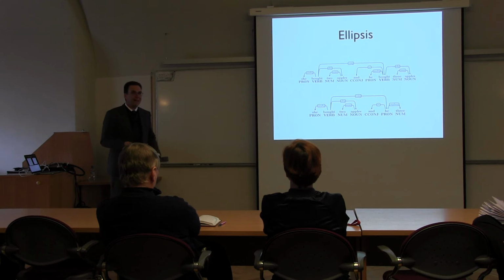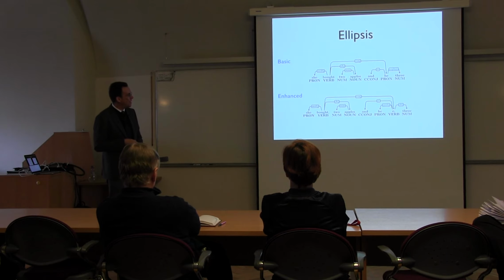Now, in the enhanced dependencies, the idea is that we're going to resolve this and actually get a correct interpretation of the predicate-argument structure. So in the enhanced dependencies, we insert an empty node here. I represent it just as empty here, but in most cases we just make a copy of the verb from the other.